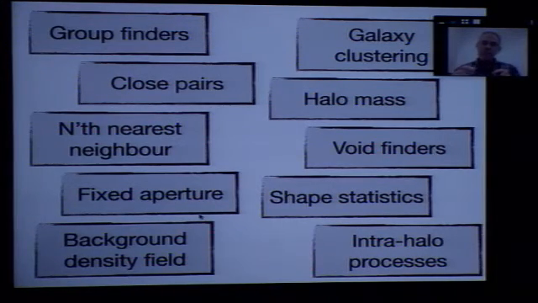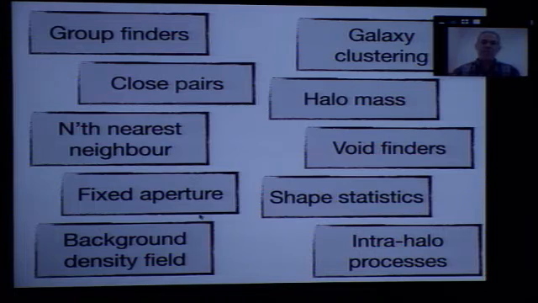The problem is the nth nearest neighbor environment measure is scale dependent. Okay? Very underdense environments, delta, relative to mean, they're really probing very large scales because you have to go a long way away from the galaxy, 5, 10, 20 megaparsecs away. Whereas fixed aperture is fixed scale.